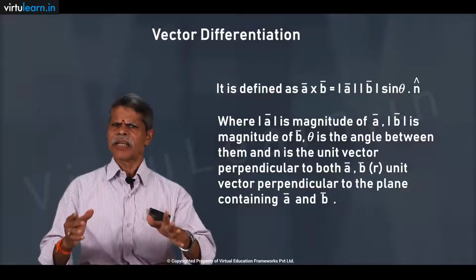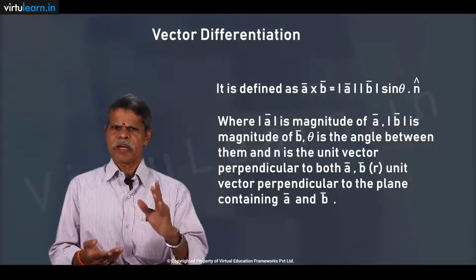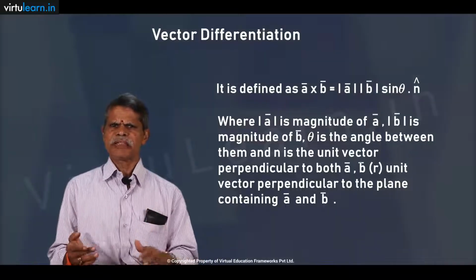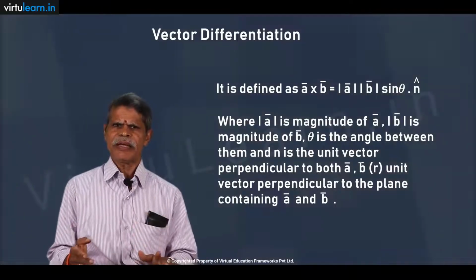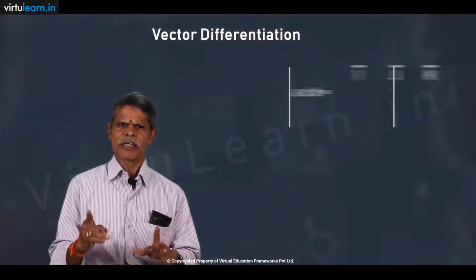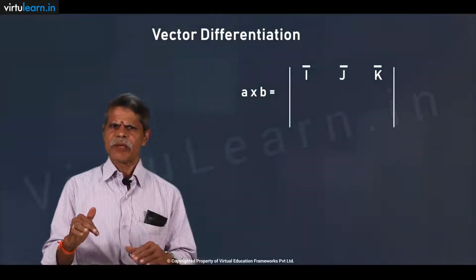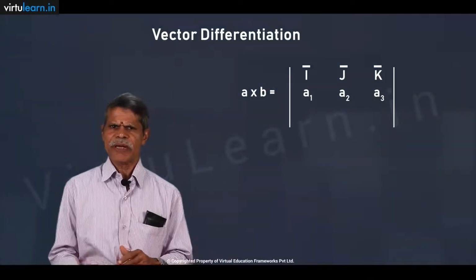When the components are known, we can have an alternative definition. That means A bar cross B bar can be expressed in the form of a determinant, where in the first row we write the unit vectors I bar, J bar, K bar. In the second row, the components of A bar, namely A1, A2, A3.